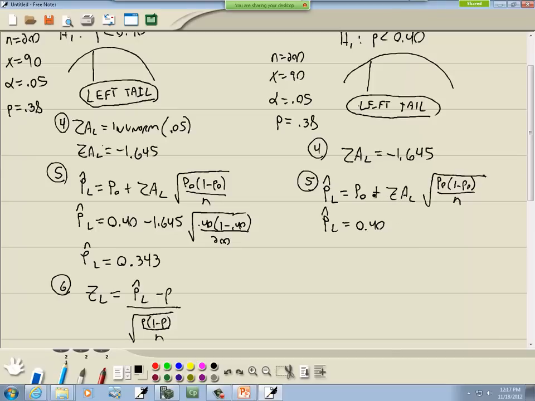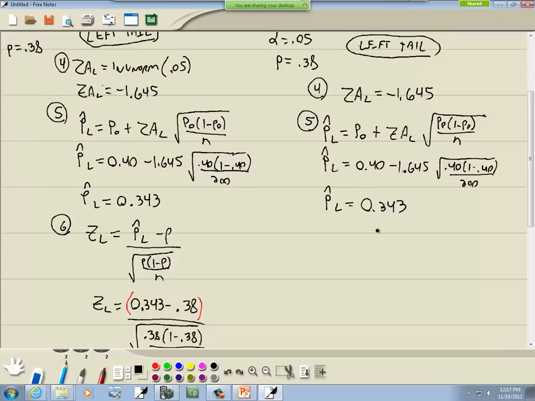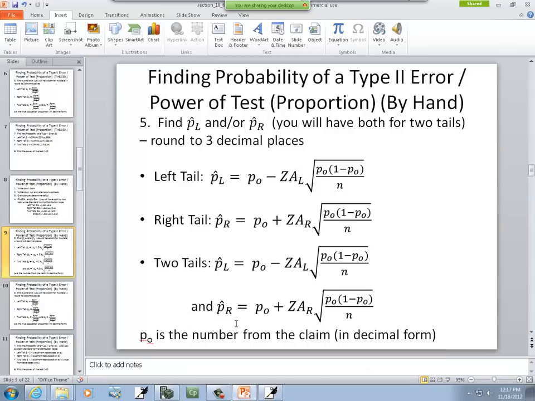And remember how I said this sign takes care of itself. It's negative again, isn't it? So negative 1.645 square root of 0.40 times 1 minus 0.40 divided by N, which is 200. And yet again, we get 0.343, rounding to 3 decimal places. And again, this tells you P naught is number from the claim. It says round to 3 decimal places.